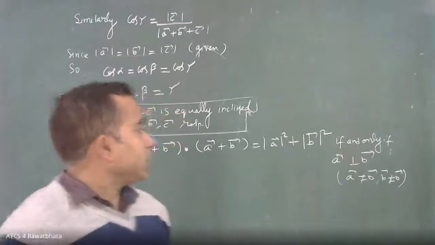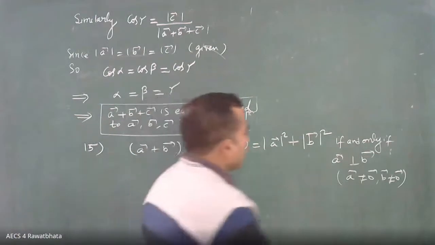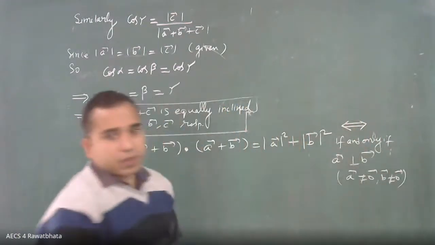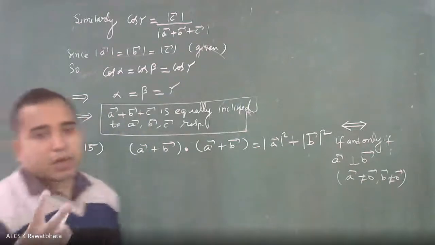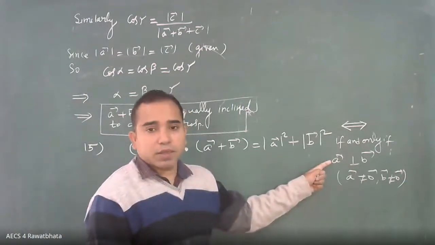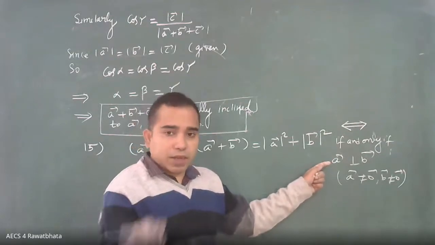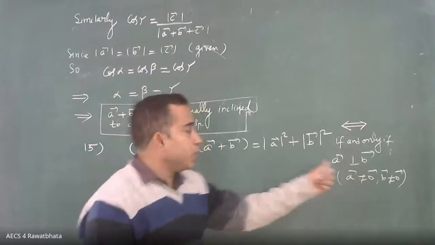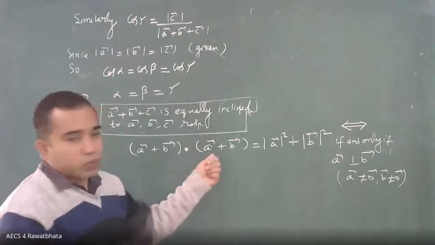Yes, students, you should know that if and only if means implies and implied by. It means that two things are to be proved. Given this, show this, and the converse also is true: if A is perpendicular to B, then this is also true.